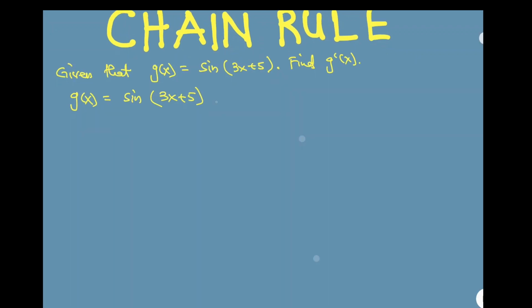Clearly, this is a composite function with our inside function u equals 3x plus 5. And we now find the derivative of u with respect to x, that is our derivative of the inside function, which gives us 3. Now the function g becomes a function of u, which gives us sine of u.